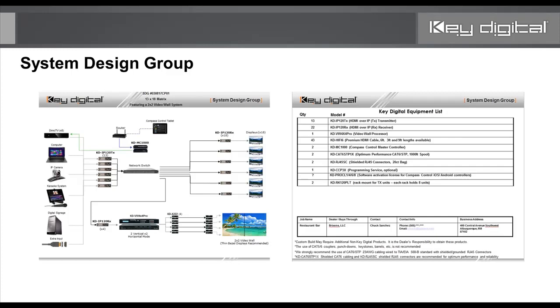Page 1 is a diagram of the system. Page 2 is models and quantities. So if all goes well, you get to just hand this over to your KeyDigital sales rep and place the purchase order, and really get a factory stamp of approval for functionality and operability.